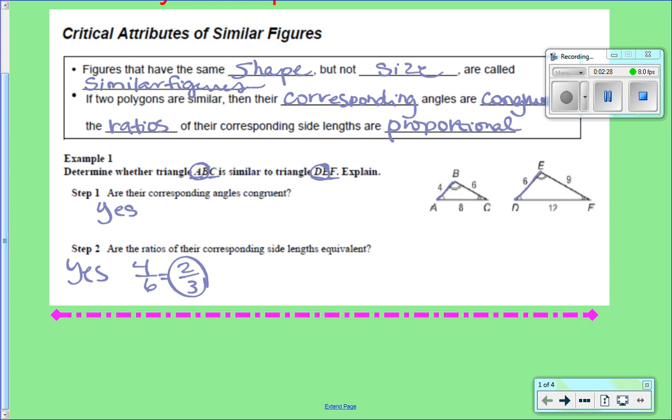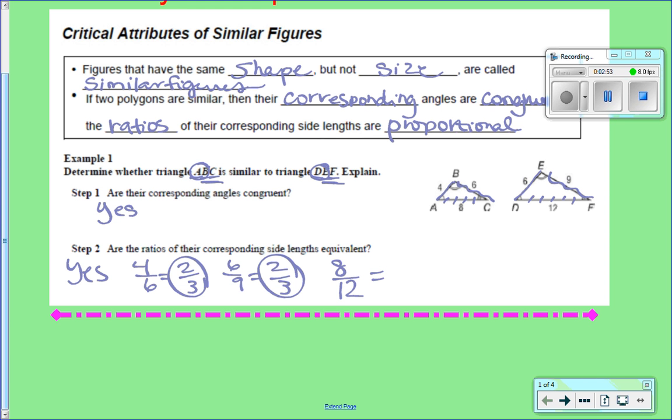And then we have side BC corresponds to EF. 6 over 9 simplifies to 2/3, and then of course our last one. Those are corresponding side lengths, and we're going to write corresponding side lengths as a ratio.